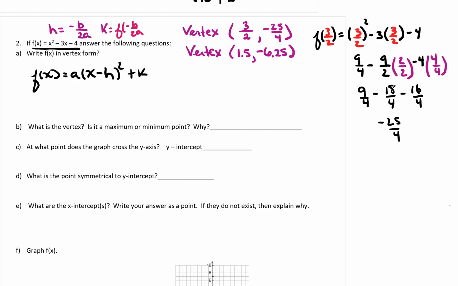That's the vertex form. And so we wanted to write our equation in this form, so we have f of x is equal to a, which is 1 in our case, x minus h, so this will be x minus 1.5 or 3/2 or 1 1/2, depending on how you wrote it, plus k, so minus 6.25.